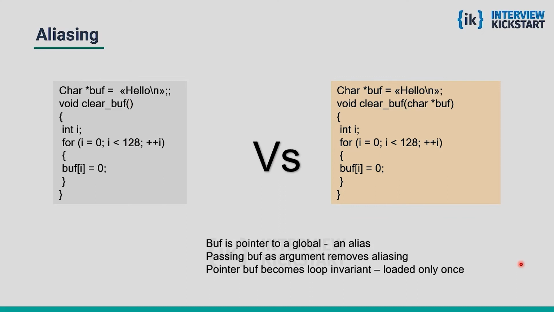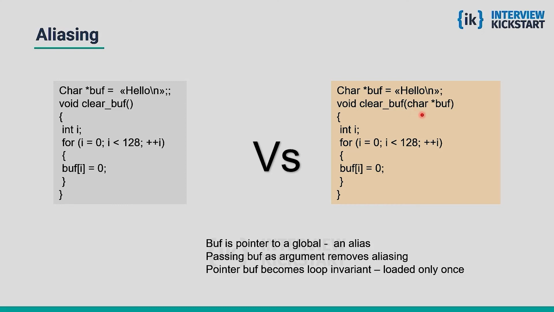Passing the address of the buffer as an argument instead of the global is the better method. After this change, the pointer buffer cannot be affected by the stores to the pointer. Basically, the pointer buffer is invariant in the loop. In fact, it can even be a constant character star.